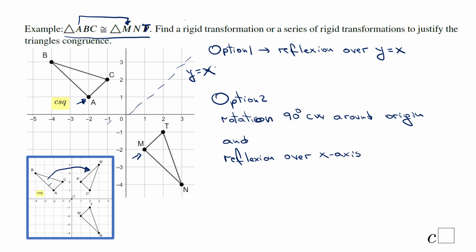So these two rigid transformations will allow us to prove that triangle ABC is congruent with triangle MNT: a rotation 90° clockwise and a reflection over the x-axis. And guess what? It can be an option 3, an option 4, and so on. Like I said, these questions most of the time are going to be multiple choice, and you just have to see which one fits your needs. Do one by one and see which one works.